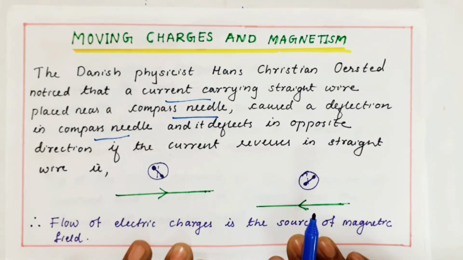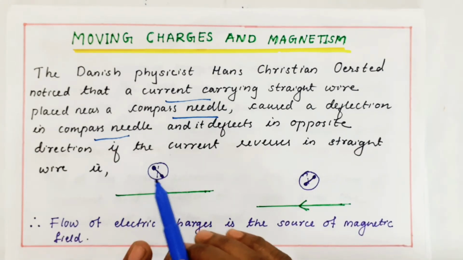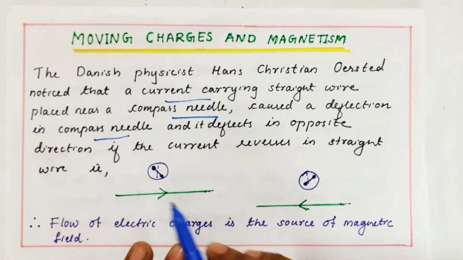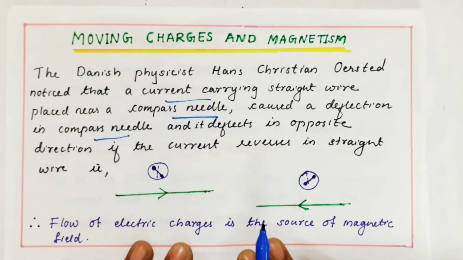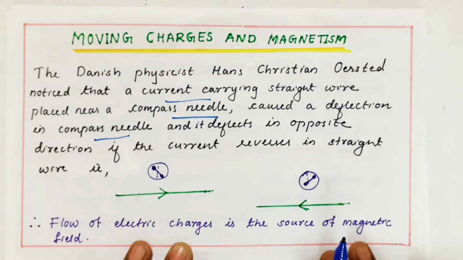The famous physicist Ørsted did an experiment with a current carrying wire and a compass needle. He observed that the compass needle shows a deflection if we place the needle near a current carrying conductor. See here, the needle shows a deflection. And the deflection of the compass needle is in the opposite direction if the current goes in the opposite direction.